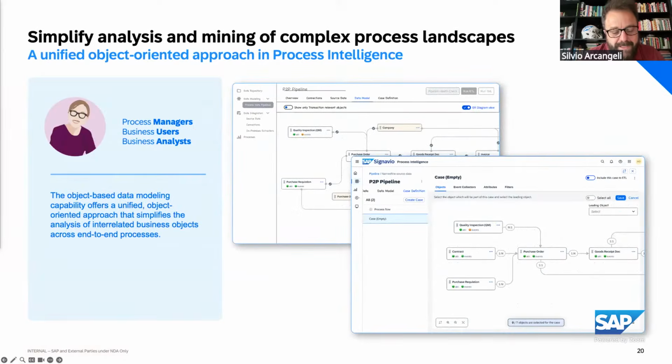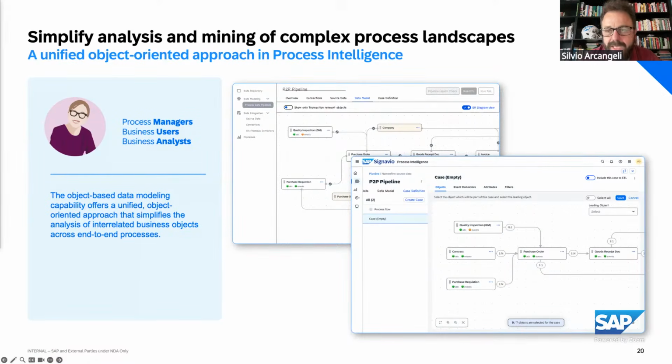Then another exciting thing that we are working on is what we call object-based data modeling. So we know that classic process mining poses a series of limitations when it comes to, for example, solving problems like convergence and divergence, which are the typical shortcomings of event log-based process mining, or when it comes to properly and easily tracking cross-process interdependencies.